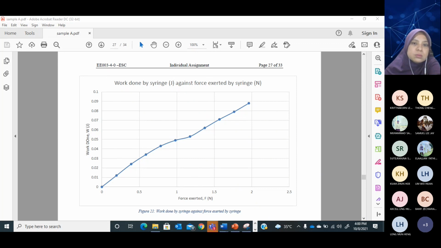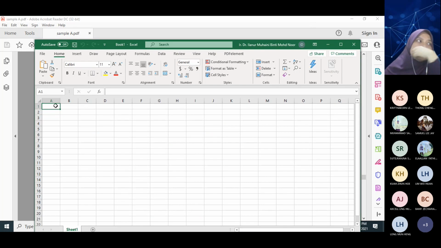I can show one sample here. Number, item, value. Okay, simple lah.